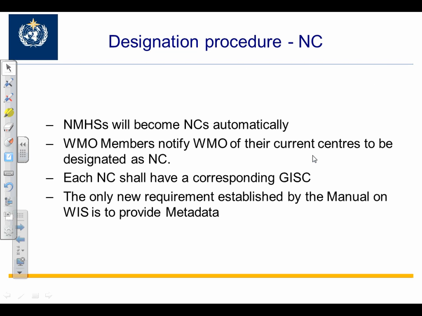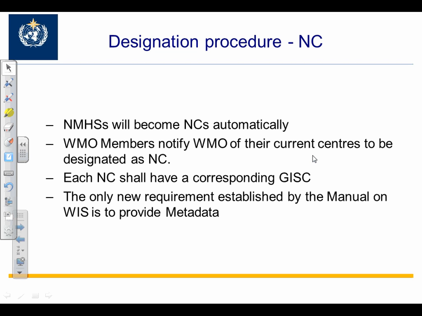So the manual on WIS, paragraph 342, states that each WMO member shall notify WMO of the current name and location of each of its centers to be designated as a national center. So this is about the designation procedure for a national center.